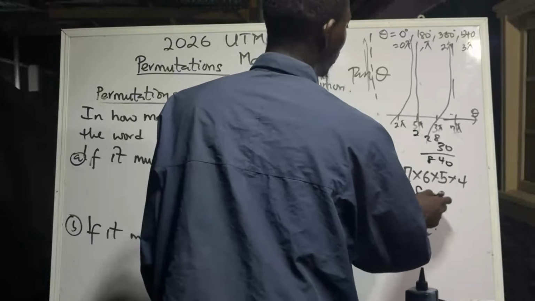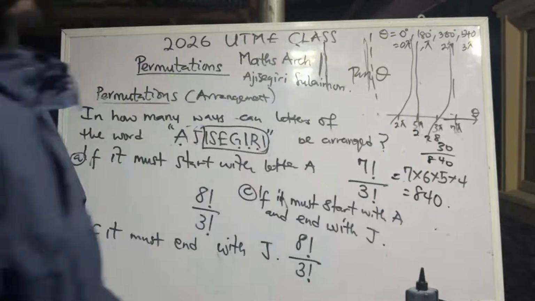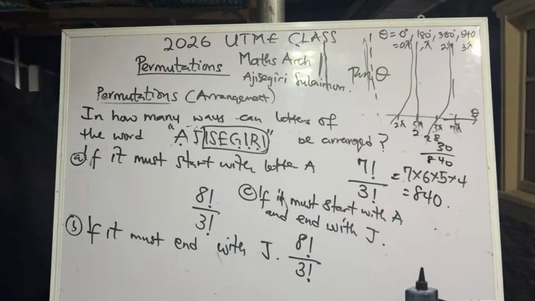Yes, 840. Everybody, thank you very much. So the answer should be 840. I believe you guys understand now. We already know the position of A and J. So what is left for us to arrange is just ISEGIRI. Okay? Do you understand that?